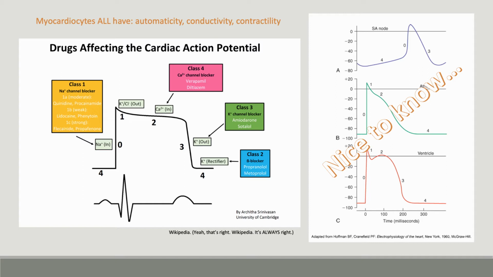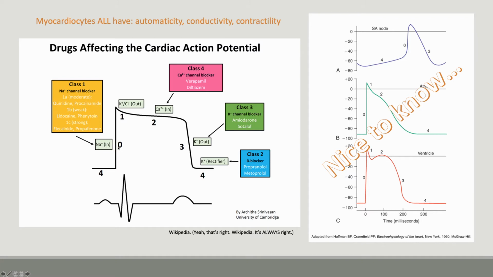All right. So remember that the first phase of the action potential, which produces the heartbeat, in this case, the QRS complex, is going to be produced by phase 0, where sodium influx occurs.